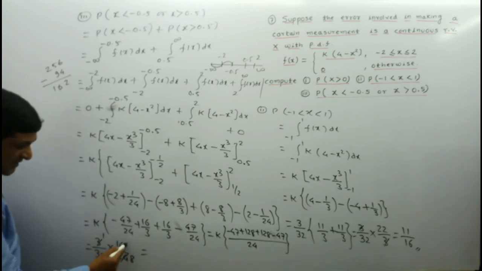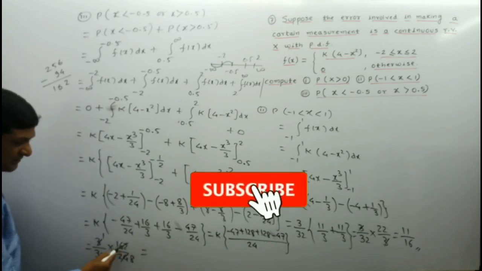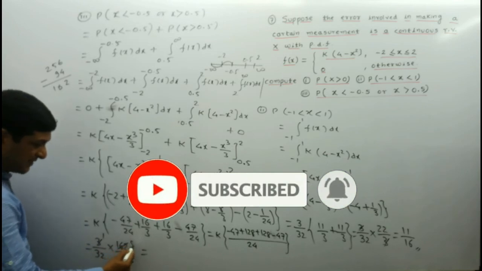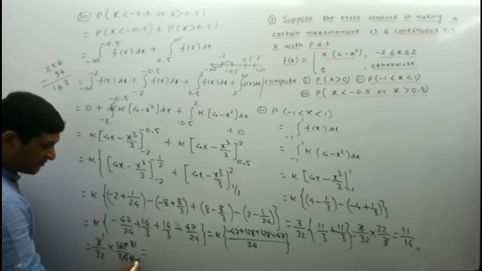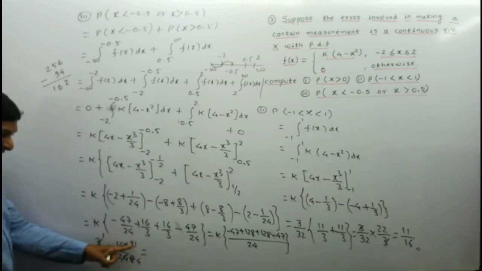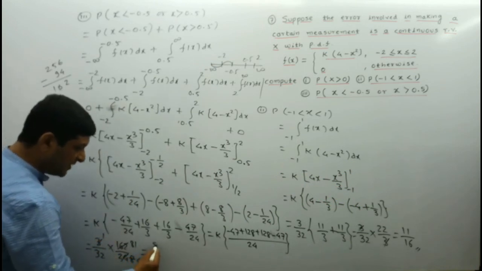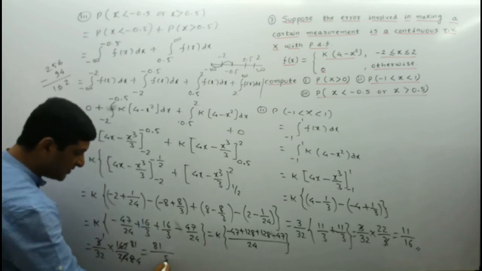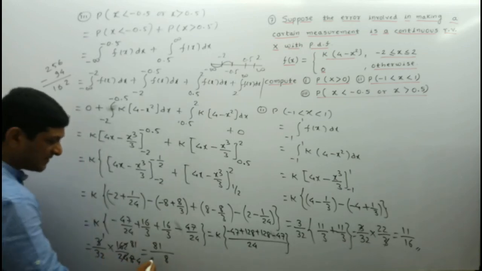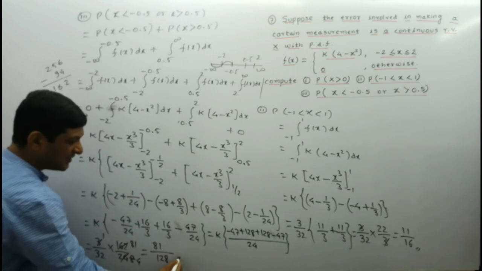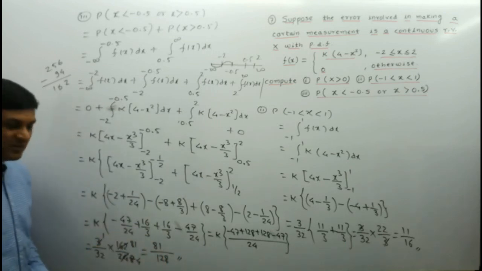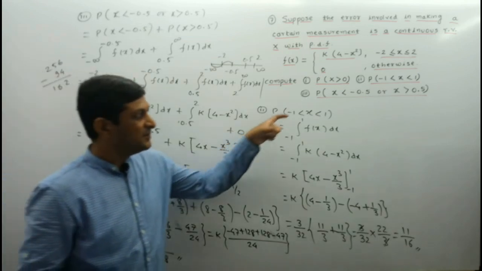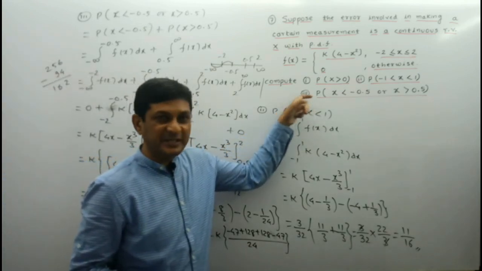Again these two numbers are divisible by 2. If I am dividing the numerator by 2, here we will get 81 and here we will get 4. So in the numerator 81 into 1 will be equal to 81 and in the denominator 4 2s are 8 and 4 3s are 12, means we are getting 128. So 81 upon 128 is the required value of this probability.